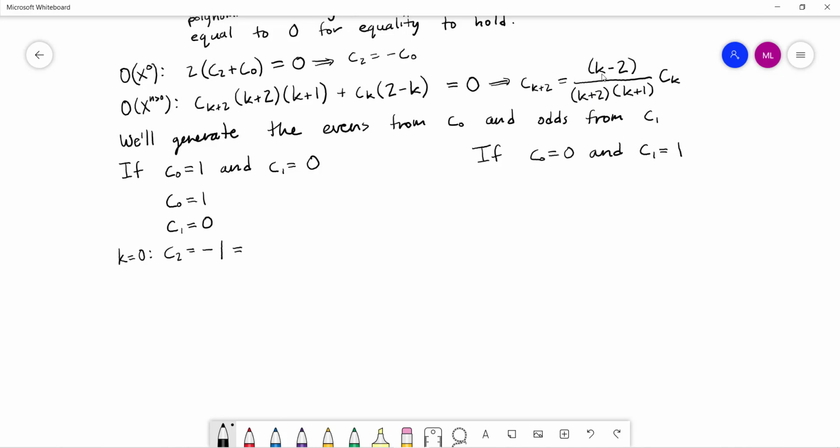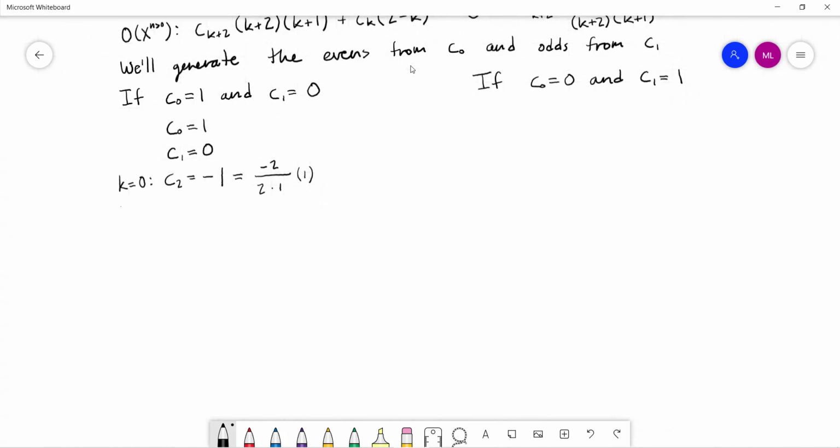Another way to do it: we're plugging in K equals 0, so I'm going to get negative 2 on top, 2 times 1 on the bottom, times the original value of C0, which was 1. So this formula comes from plugging into this one, or we could get just negative 1 directly by plugging into this one. Either way.